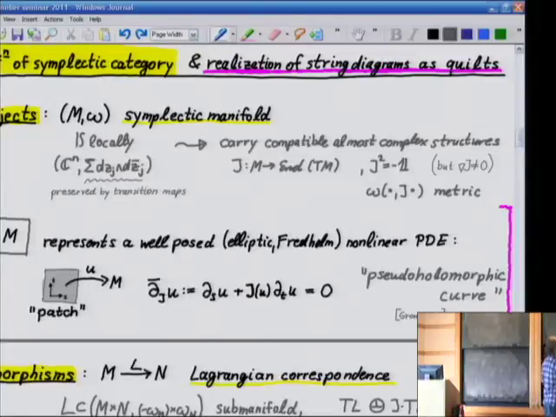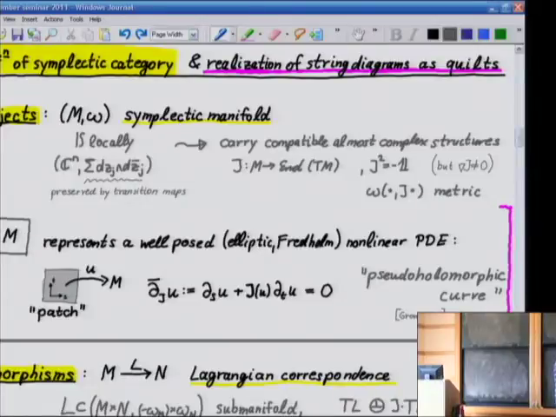But now I need to make sense of this first string diagram. So I should make sense of a two-dimensional patch labeled with this symplectic manifold. And what I do is what Gromov did. I put a complex structure on the patch. Think of it as s and t coordinates.